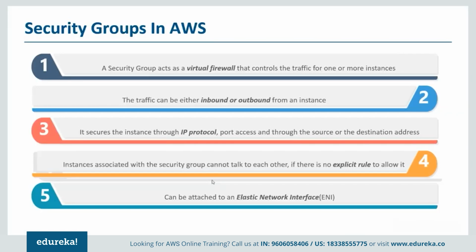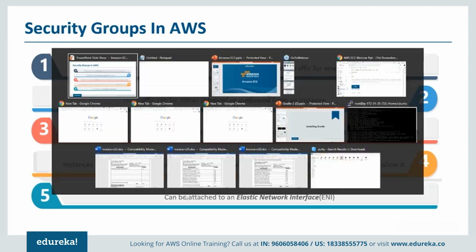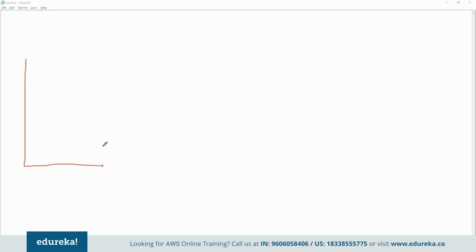All right, next is we have security groups. When we are deploying servers, obviously as a part of the server, we will be required to have a connection to it as well, right? Because suppose we have deployed a server, now in order to work on the server, we need to establish a connection to the server itself, right?